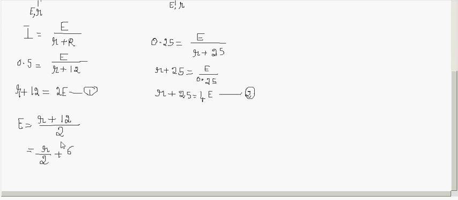Now substitute this value of E in equation number 2. So we get R plus 25 equal to 4 into R by 2 plus 6.